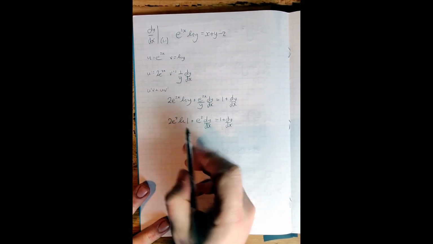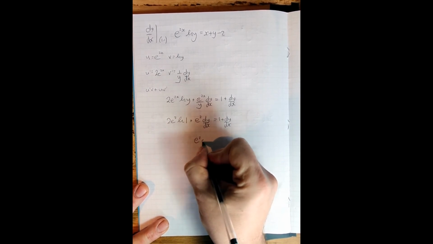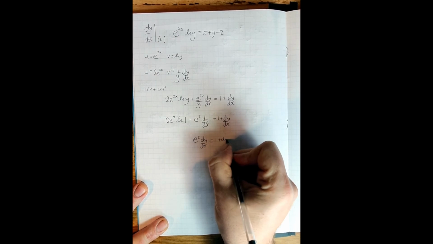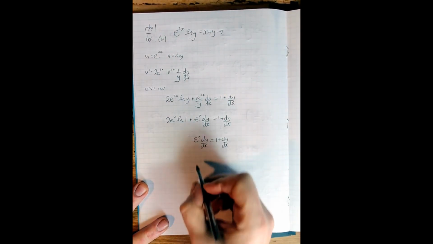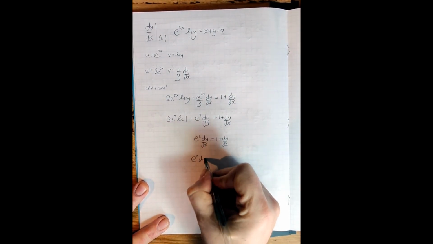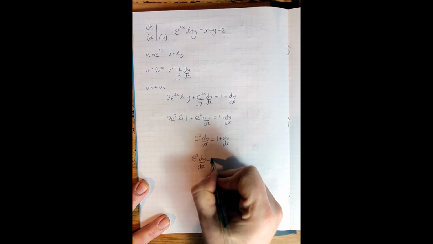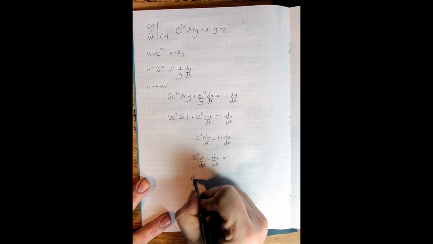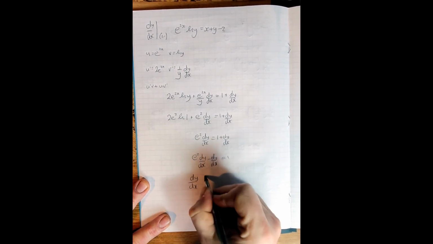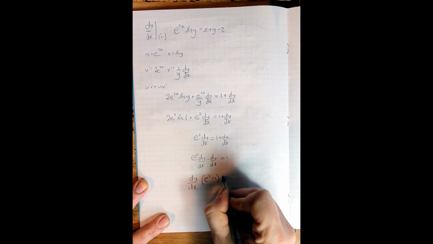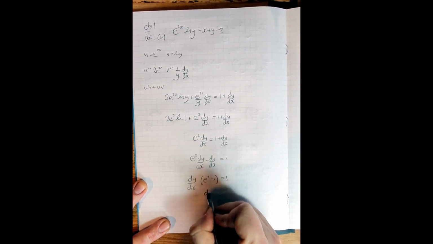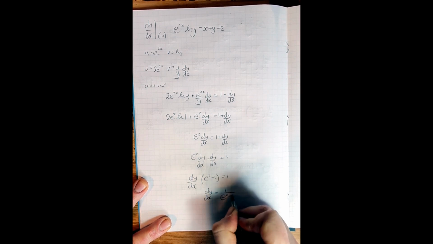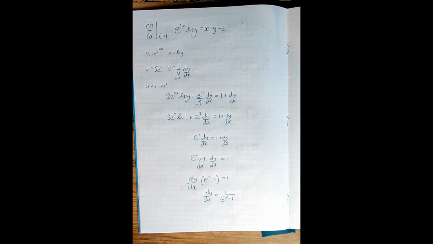So yeah, log 1 is 0, so I get e to the 2 dy dx equals 1 plus dy dx. So I'll take my dy dx over here, factorise, and then divide. So dy dx equals 1 over e squared minus 1.